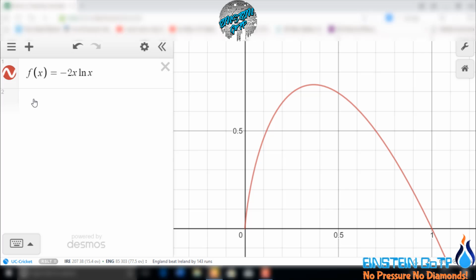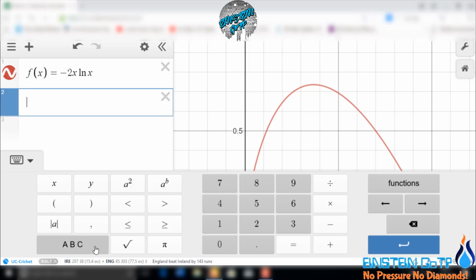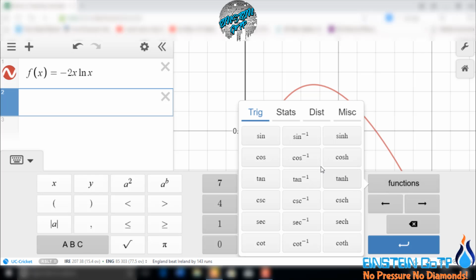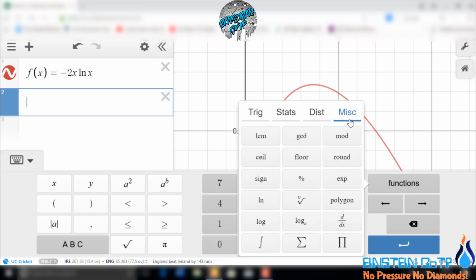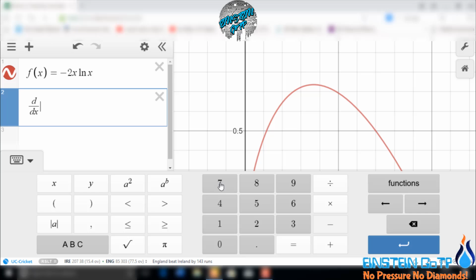So let's do one thing, let's calculate its derivative. So I will go to functions here and let's see where we have the derivative. Yes, here it is. So we put in the values minus 2x ln x.